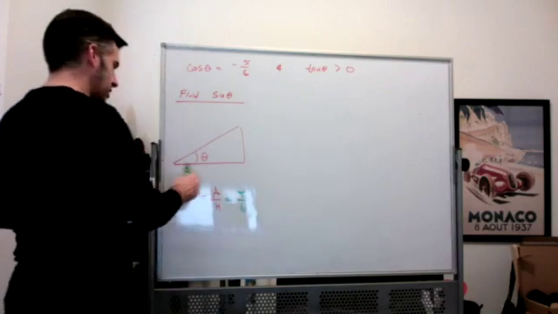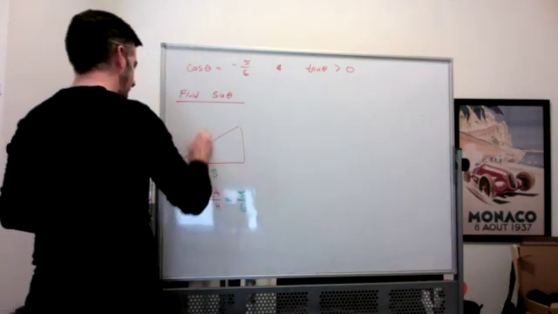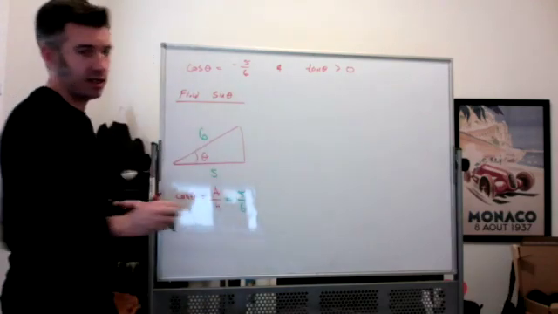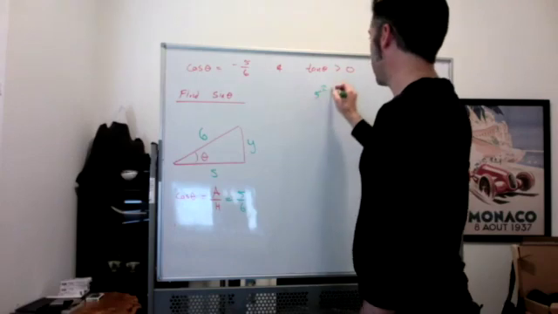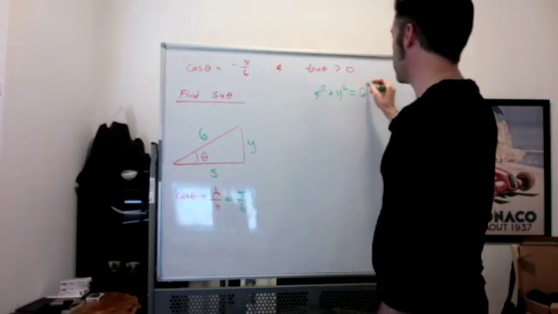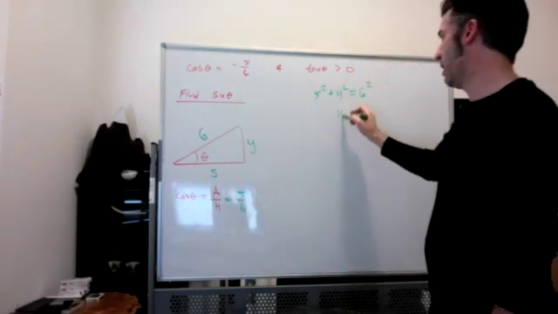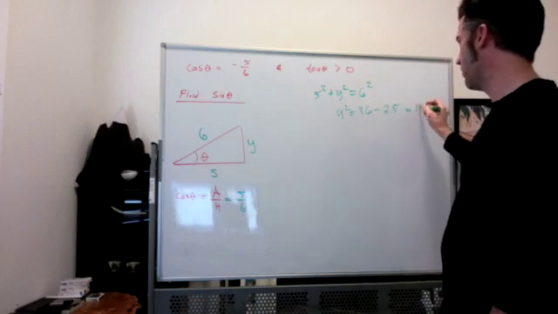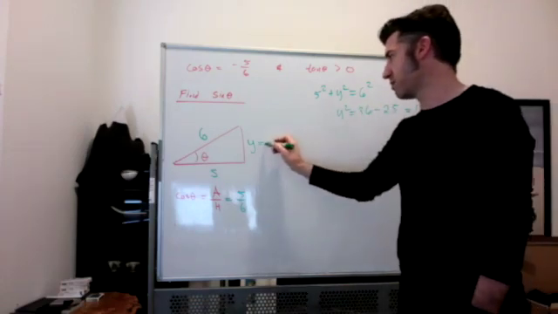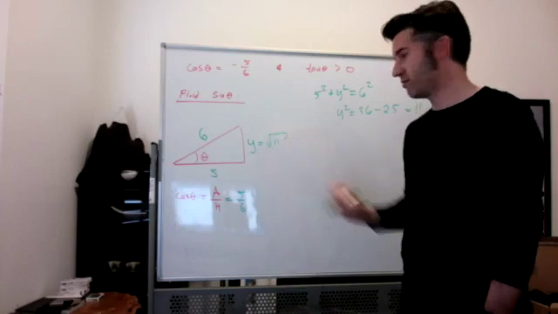So I know that the adjacent side should be 5, the hypotenuse side should be 6. And I want to find this third side, which I'm going to call y. So 5 squared plus y squared equals 6 squared. So y squared equals 36 minus 25, which is 11. So y is going to be the square root of 11.